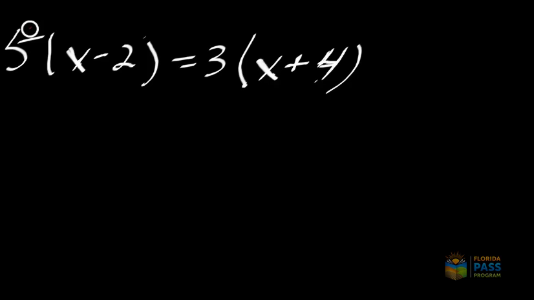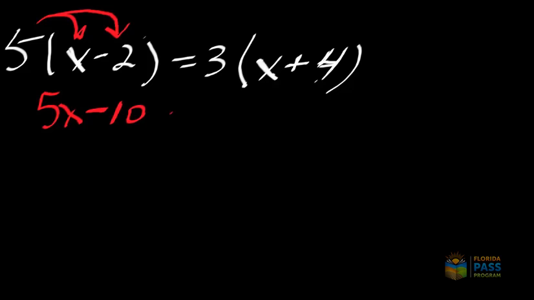Here's what I mean. You would have 5 times x, which is 5x, and you would have 5 times negative 2, which is negative 10. Other side, you would have 3 times x, which is 3x, and you would have 3 times 4, which is 12.